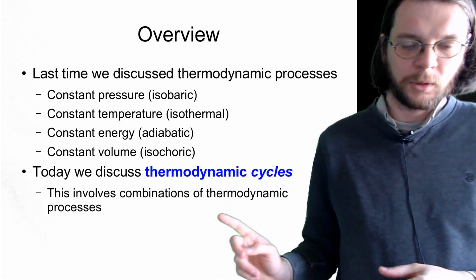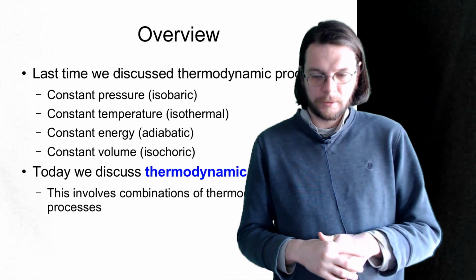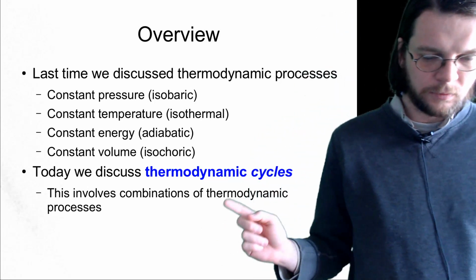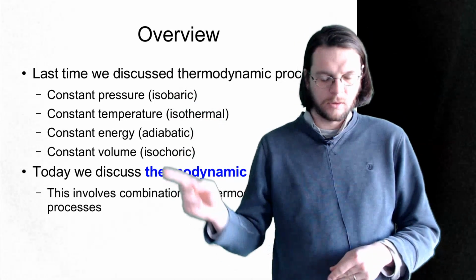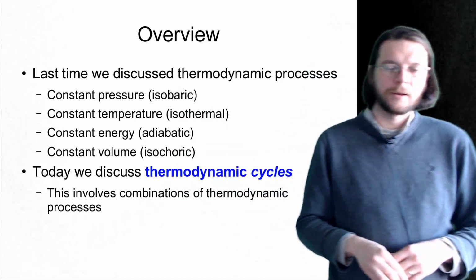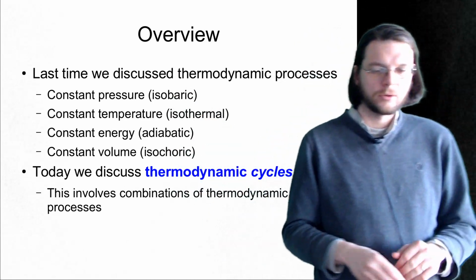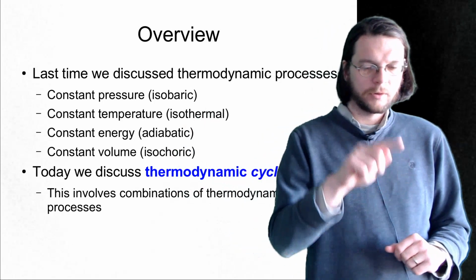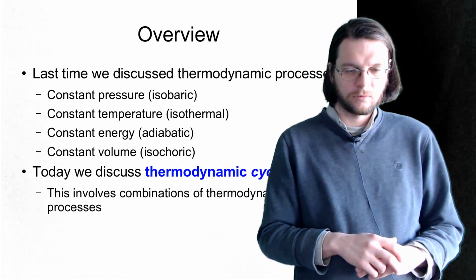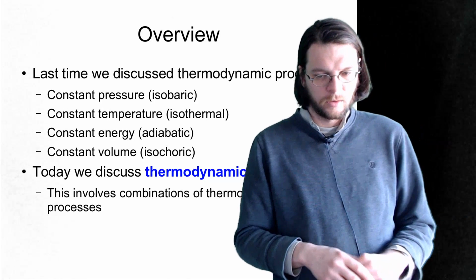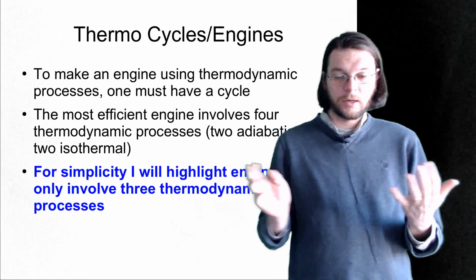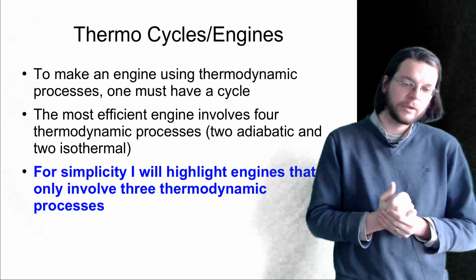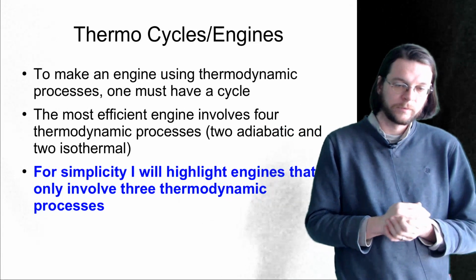Today we're going to talk about thermodynamic cycles, and this is going to involve combinations of these processes. So there's still only 4 processes, but you can combine them together to do a couple of things and then get back to where you started. To make an engine, for example, you have to have some kind of thermodynamic cycle.